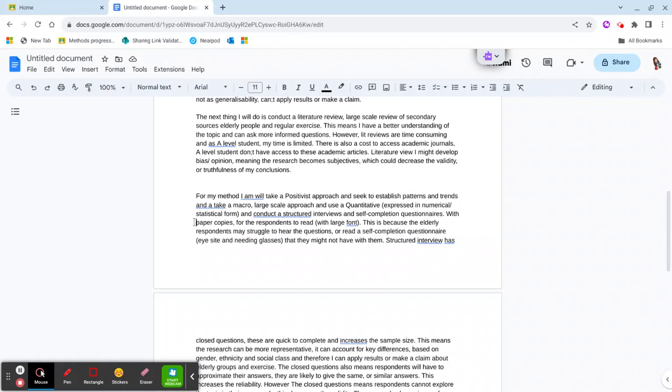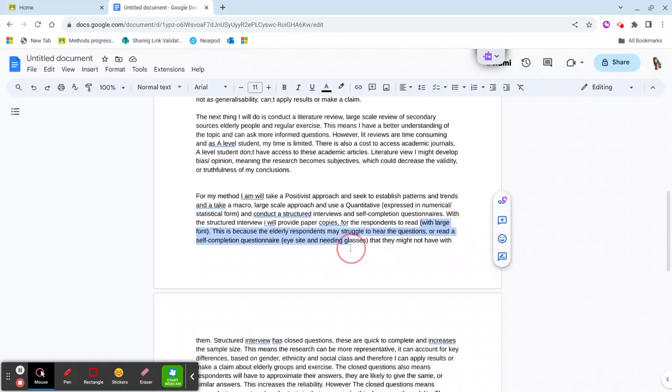With the structured interview, I will provide paper copies for respondents to read. This is because the elderly may struggle to read the questions or self-completion questionnaires.